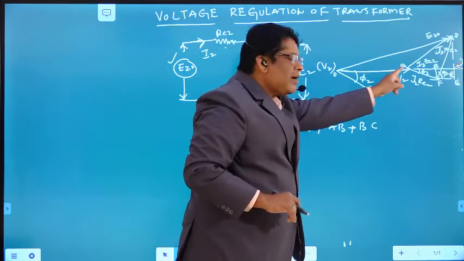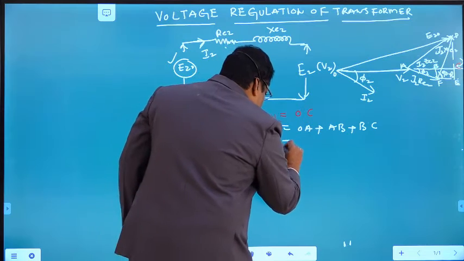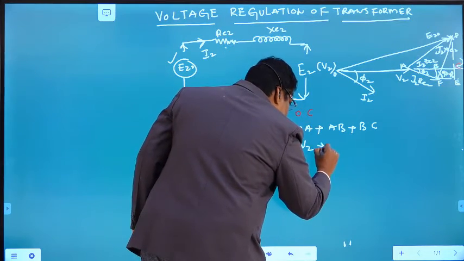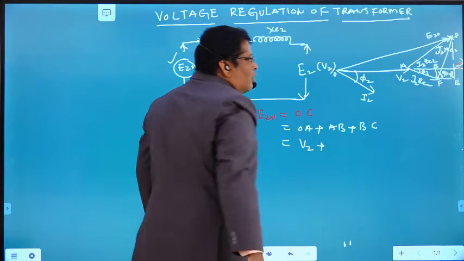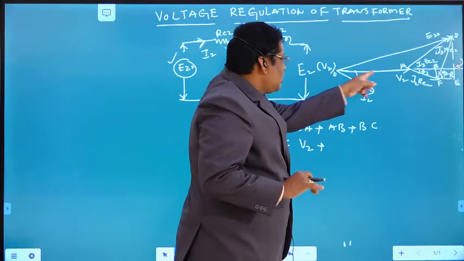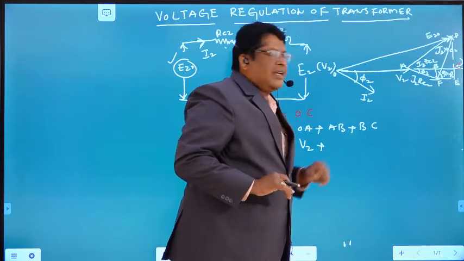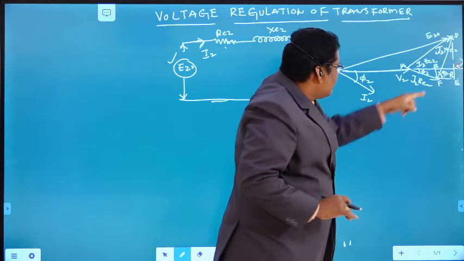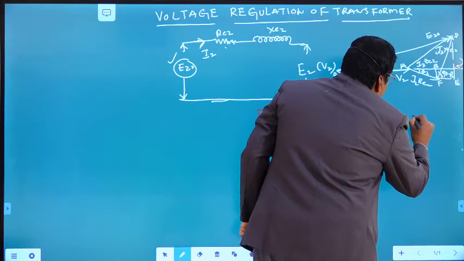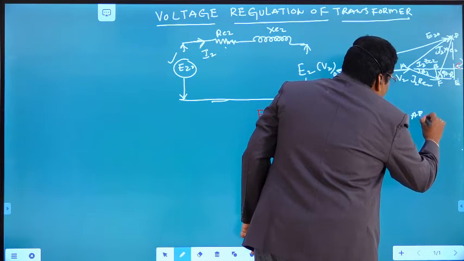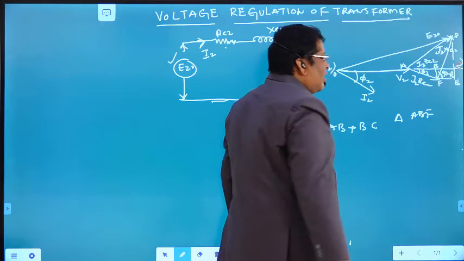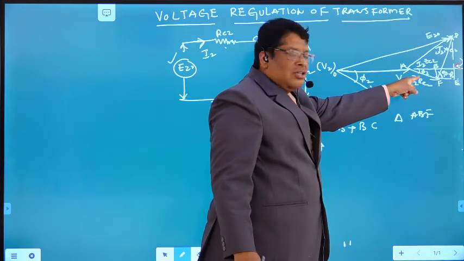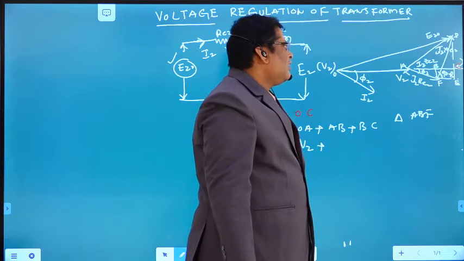The length OA becomes V2. AB: see in the triangle ABF, if we take the cos, then you can find the length AB.